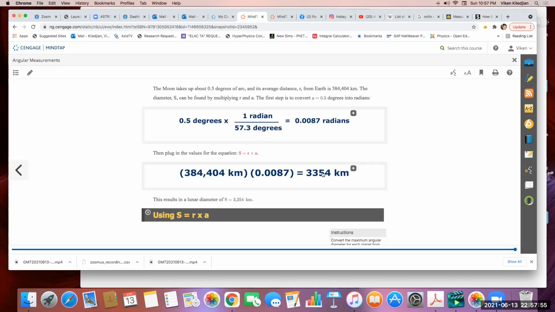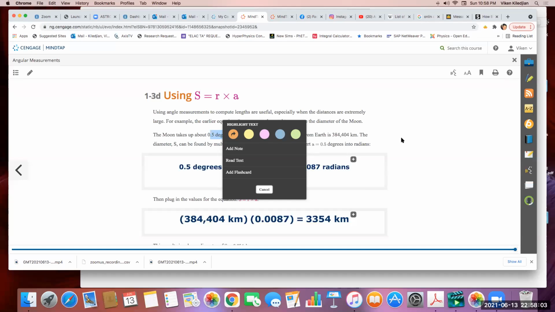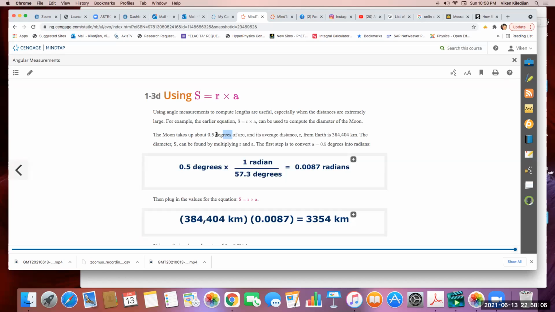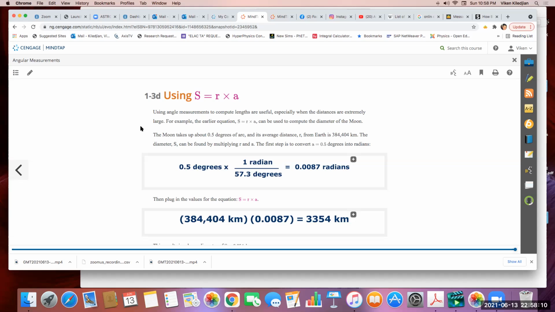Not that close. Well, that's because this angle that they're giving us, the moon takes up about 0.5 degrees, is a rounded number. It doesn't actually take exactly 0.5 degrees of arc. It's probably slightly bigger than 0.5. And it also depends on whether the moon is close to us or far from us, because its path around the Earth is elliptical.